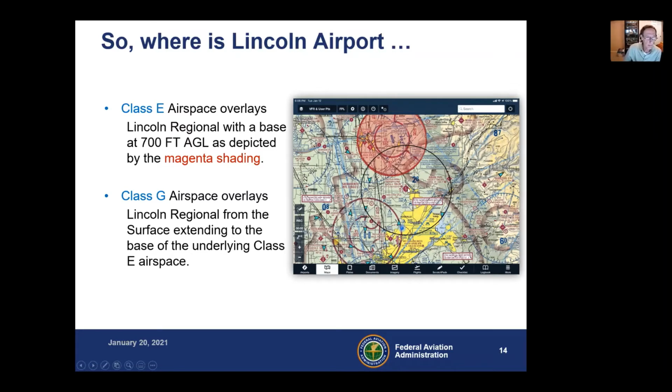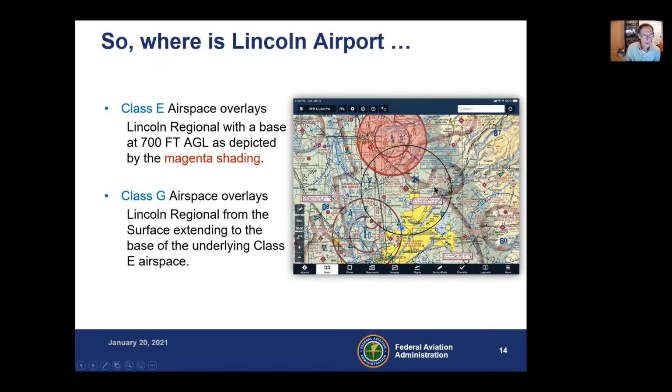So here's Lincoln Airport, and this magenta shading indicates that this Class Echo airspace at 700 feet. Now, Class G airspace overlays Lincoln Regional from the surface extending to the base of the underlying Class E airspace. So the Class G starts from the surface, rising up to 700 feet.